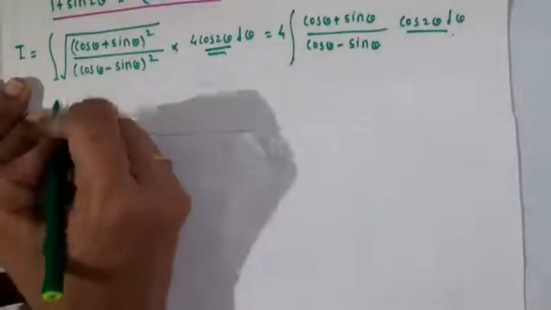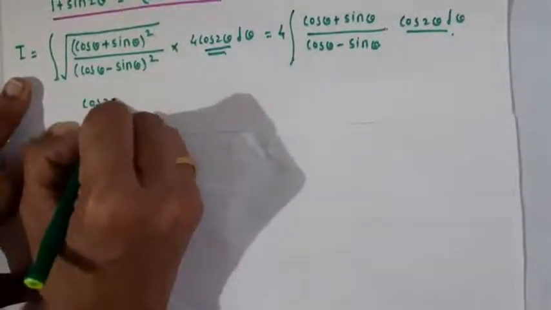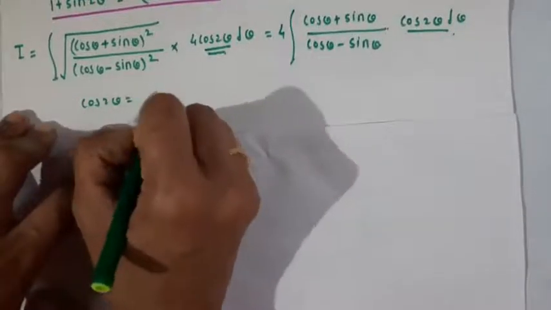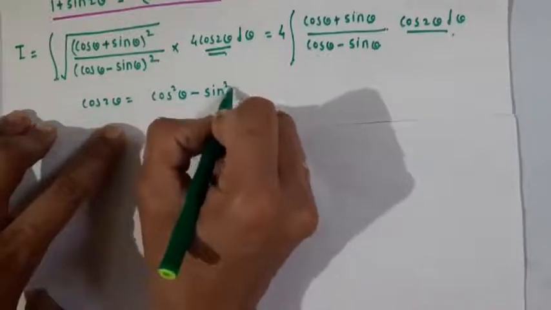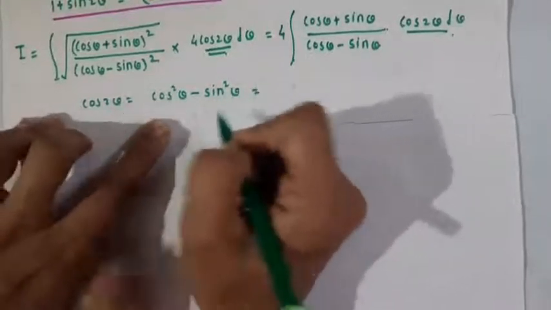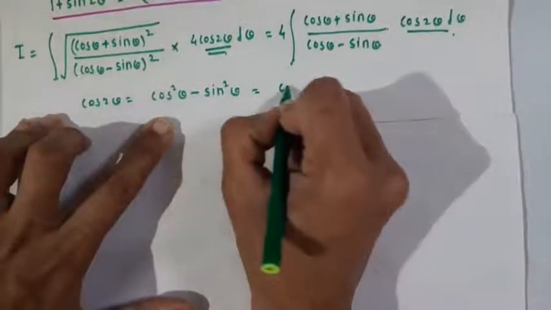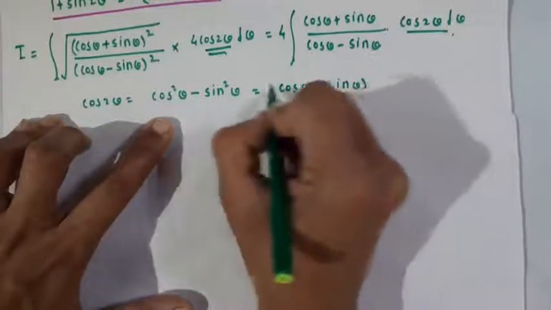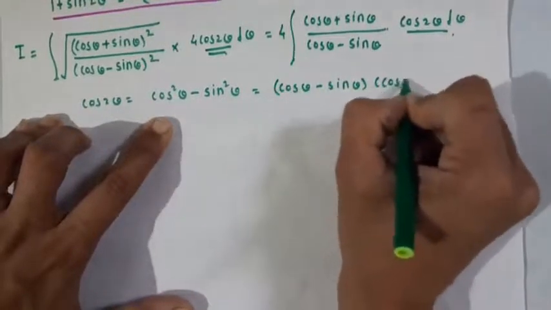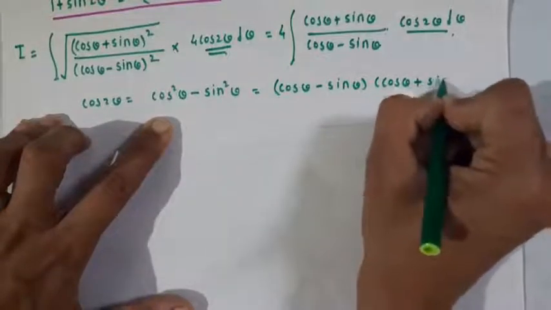We know the formula for cos of 2 theta, that is cos square theta minus sin square theta, and by using a square minus b square, this is cos theta minus sin theta into cos theta plus sin theta.